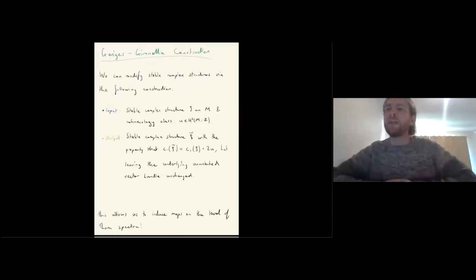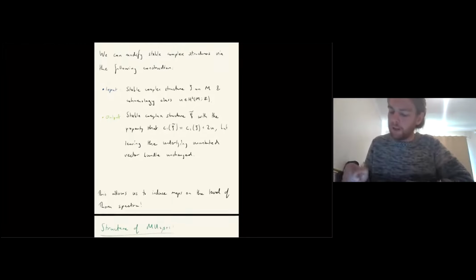The idea is, given any stable complex structure and a class in the second integral cohomology, you can modify the stable complex structure without changing the underlying oriented vector bundle, but changing the first Chern class by any even class. And this 2 here is indicative of where this dependence on only the parity comes in.